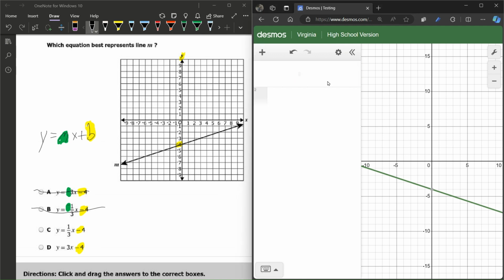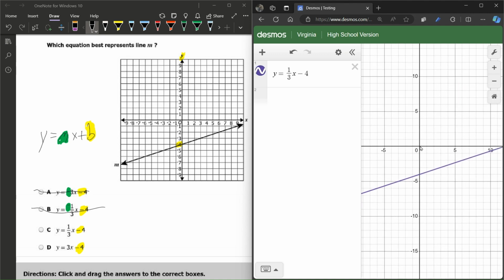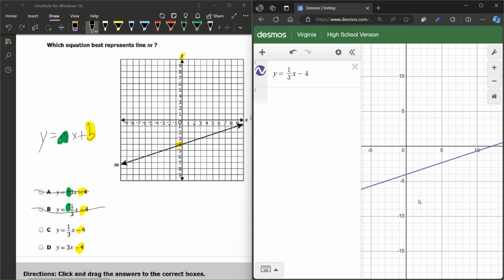So if you type in answer C, you'll notice that it is the exact same slope. Okay. And it's crossing at -4. Now, if there are two answers that look too similar to each other, just look at your y-intercept and your x-intercept.